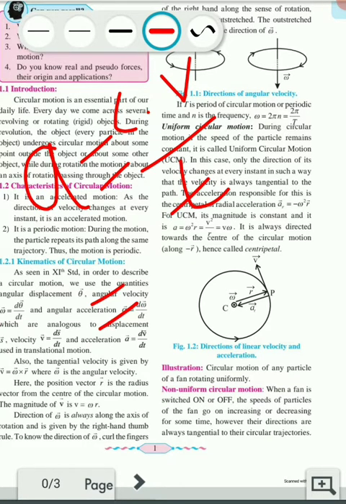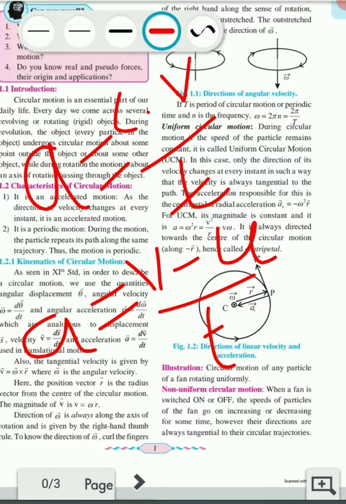Here we consider initial velocity as u and final velocity as v. Therefore, change in velocity is equal to final velocity minus initial velocity, that is v minus u, upon time t. So acceleration is equal to v minus u upon t. Therefore, its SI unit is meter per second square.